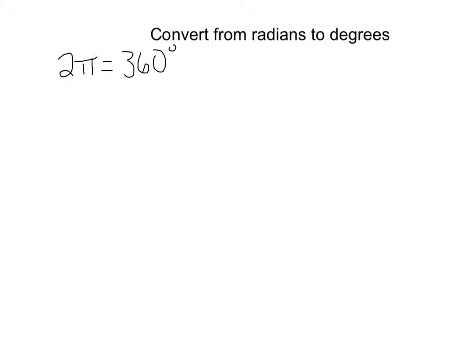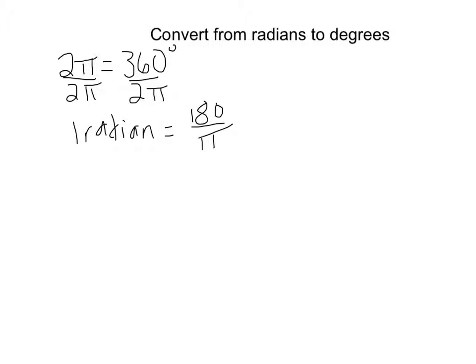Remember, 2 pi is about 6.28 radians. But if I want just a single radian, not 1 pi, but a single radian, I would divide by 2 pi on both sides. And I can see that 1 radian is equivalent to 180 over pi degrees.